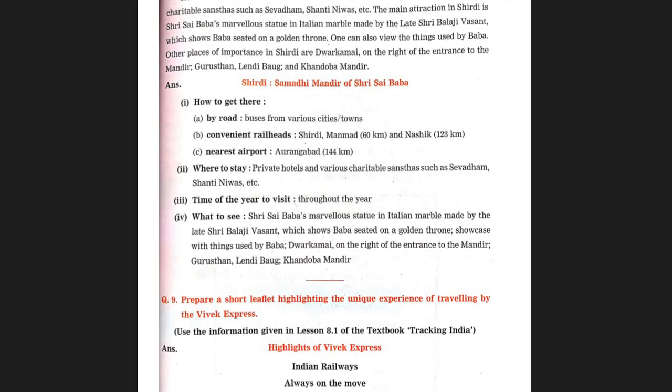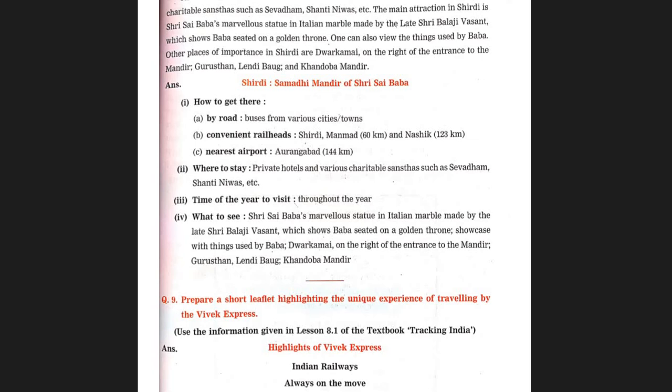So this particular fact file will help them reach Shirdi with no problems. So you're guiding them about how to get there by road or by other convenient railheads, or which is the nearest airport. So you're guiding the tourist, and because you want to guide those tourists, you're writing it in a very precise manner, and so it is fact filed.